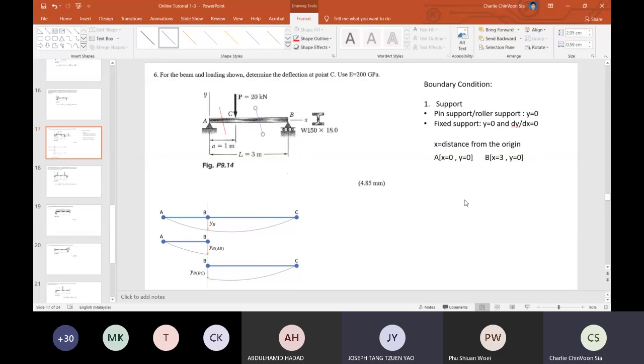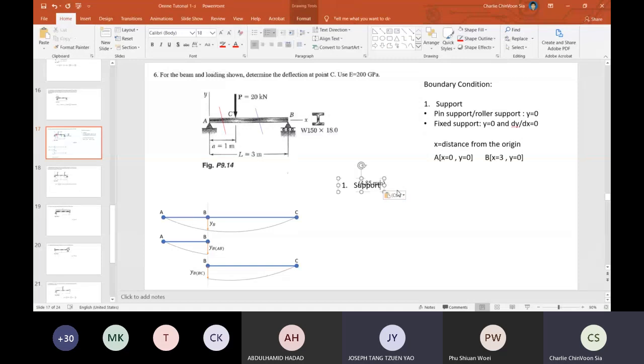If you cut 2 sections, how many constants do we have here?